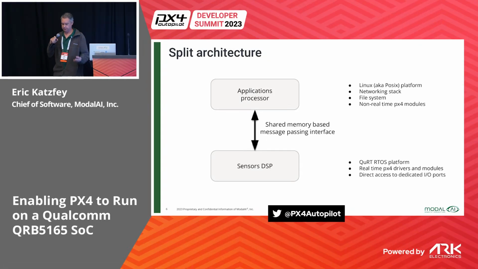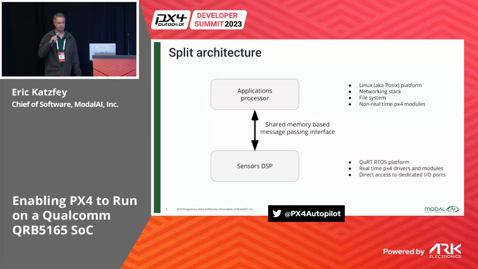If you have seen any of this in the source tree, you'll also see that if you look in the platforms directory, there's NuttX, obviously. That's what most people are used to using. There's the POSIX platform, so that's typically like a Raspberry Pi or something like that. We make use of that platform for the applications processor side of it.